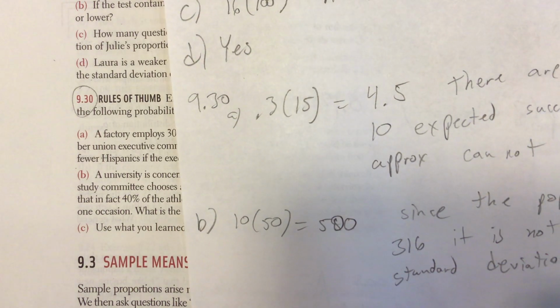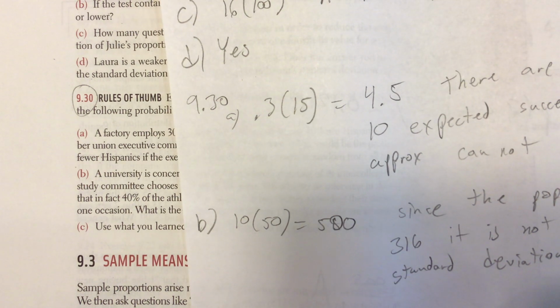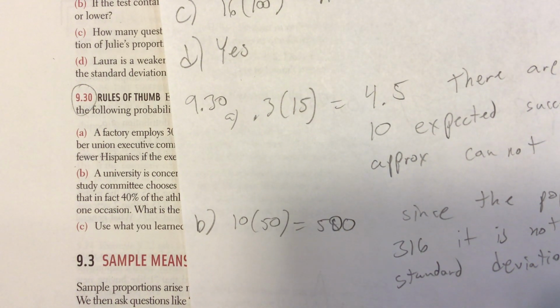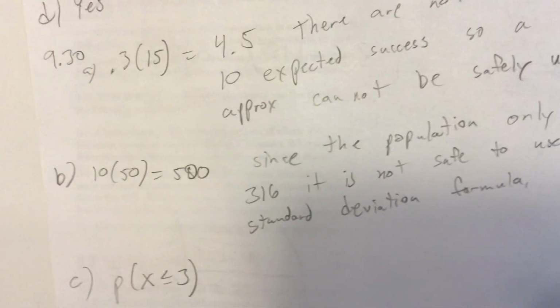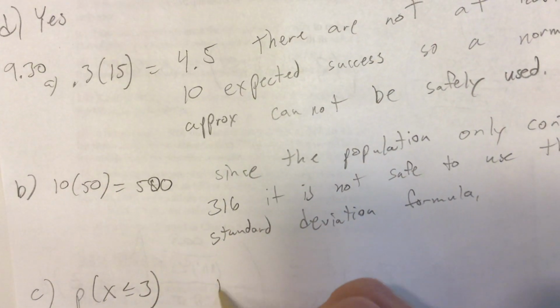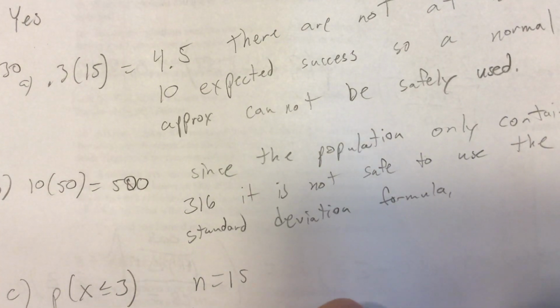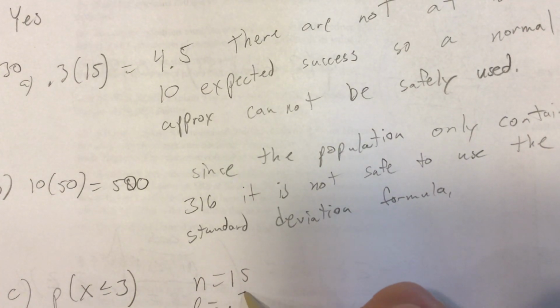Okay, so we want the probability that x is less than or equal to 3. And we had, let's see, n was 15, p was 0.3. Okay.